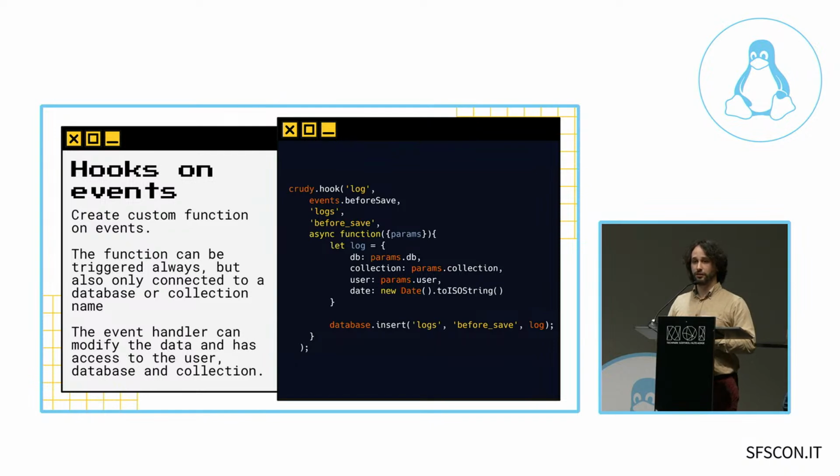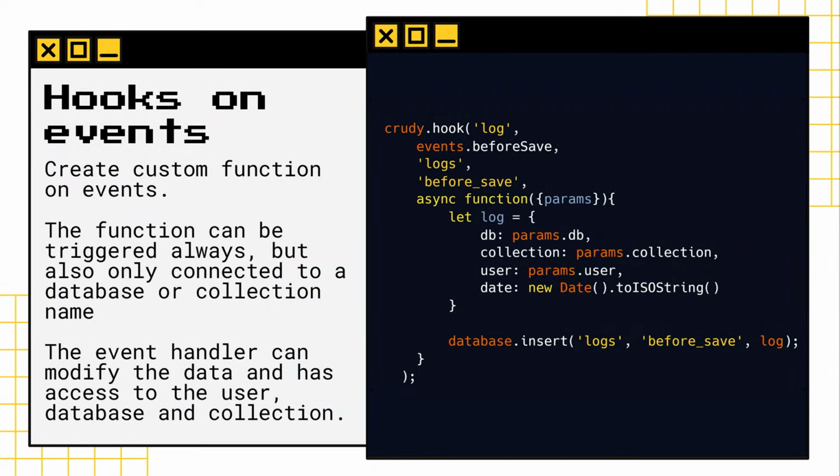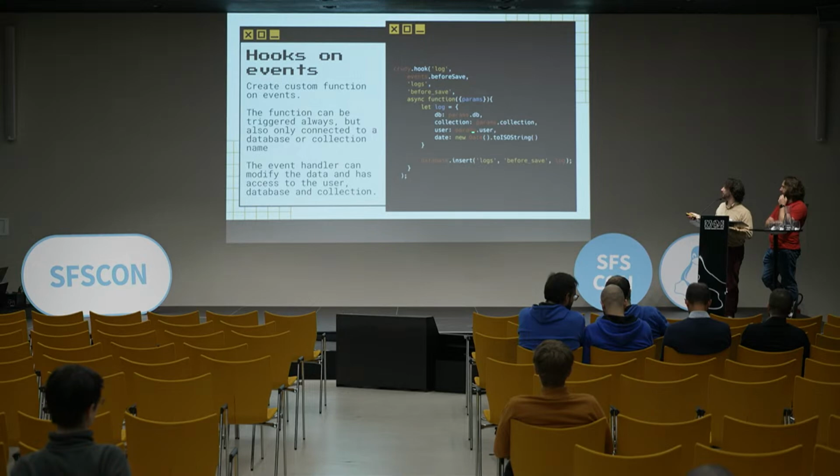You can also add some hooks to events on the database. So you can add a hook on before save. As you can see, on before save, you can add a log that saves the date, the collection, database, and user info.